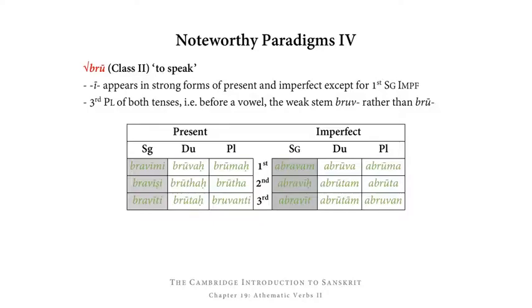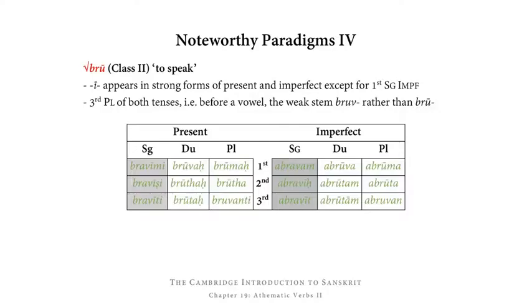So we have brawimi, brawishi, brawiti. Now brav is the pre-vocalic form of bro, which would be the strong, the guna form of brew. And in front of a vowel, bro appears as brav, so brawimi, brawishi, brawiti. In the imperfect, abrawam, abrawich, abrawit.